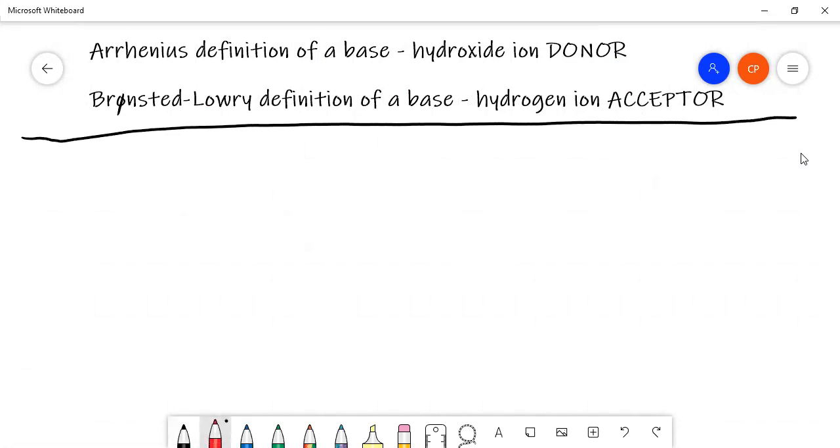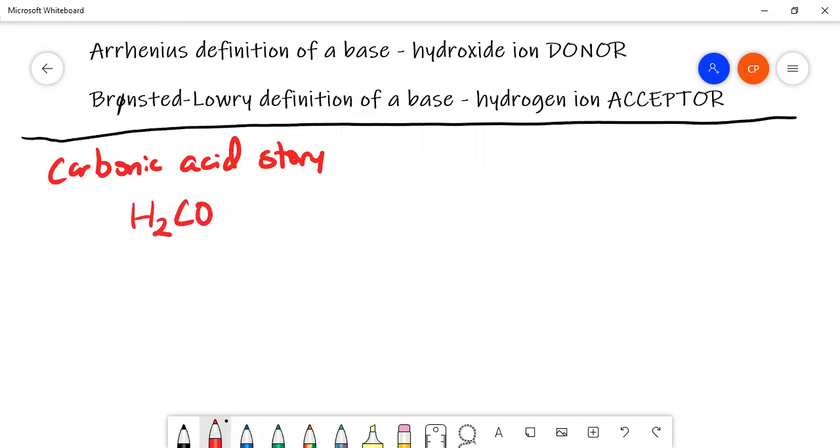So let me tell a carbonic acid story. What's the formula of carbonic acid again? H2CO3. Yes, indeed.